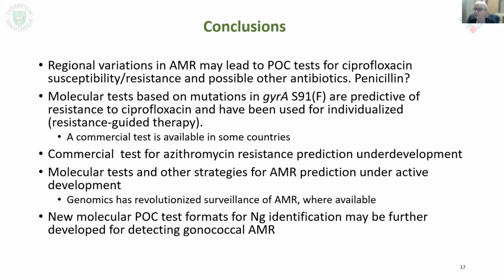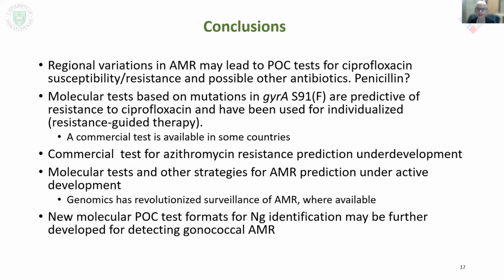Is it possible that penicillin tests could be used? Irene didn't show, but in Canada, in the last surveillance, only 7% of the isolates tested overall were resistant to penicillin. In Saskatchewan, in some years, we have under 5% of the isolates tested resistant to penicillin.